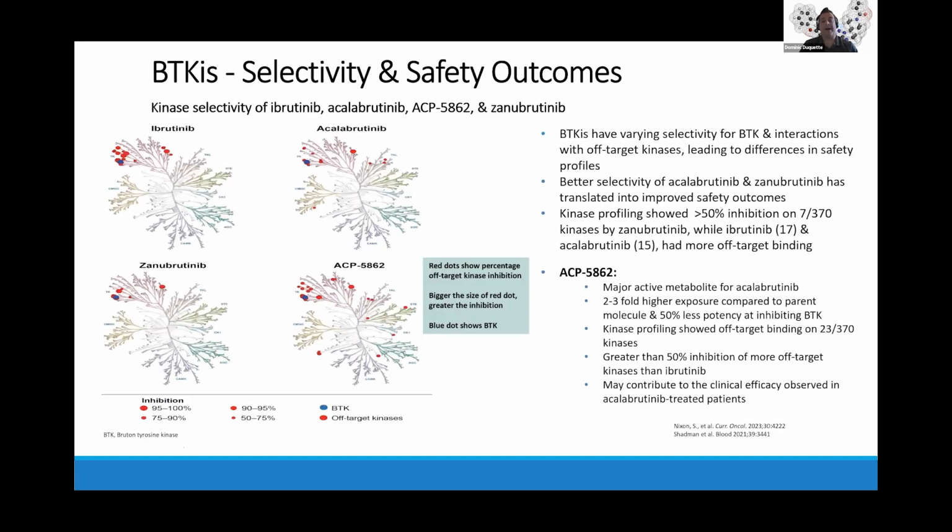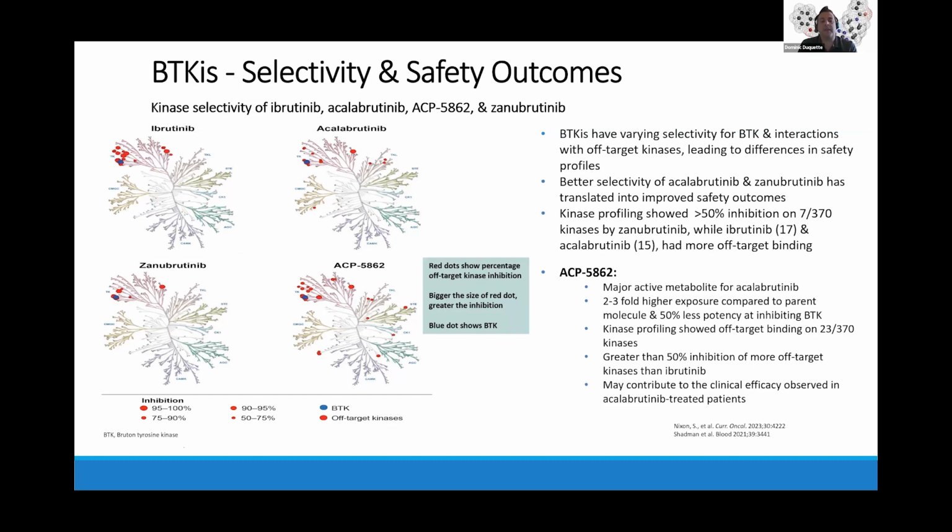So about the selectivity. The blue part is the part where you want the action on the BTK, and the red parts are off targets and would be associated with side effects.